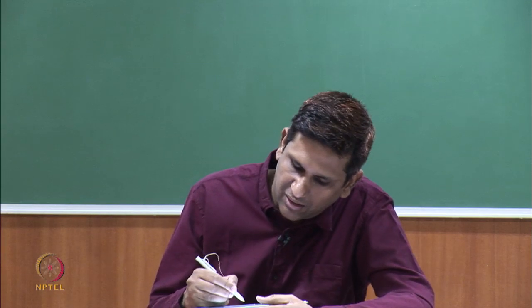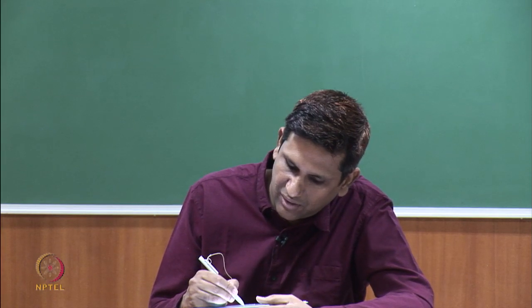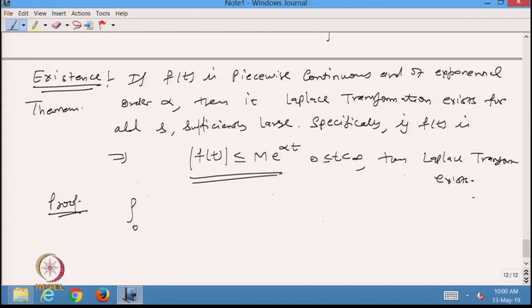So, from here I know that the integral from 0 to infinity of e raised to power minus st f(t) dt is always less than or equal to the integral of the modulus value of f(t), because if my exponential function is always positive and my function f(t) is also positive, then I will get the equal sign.